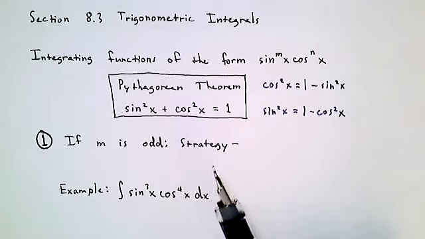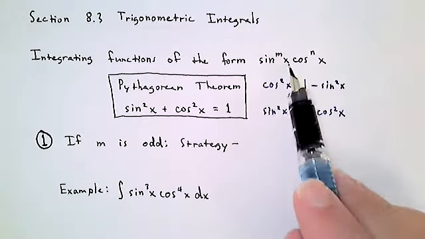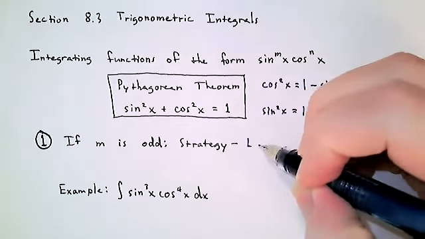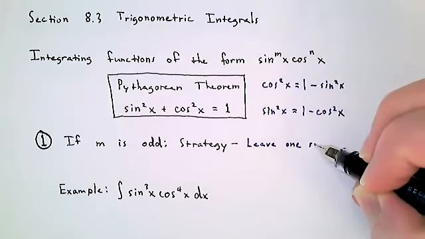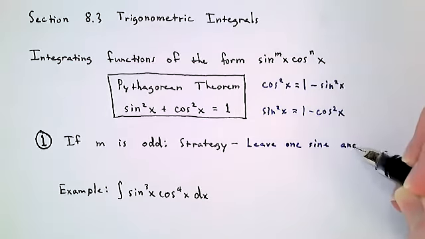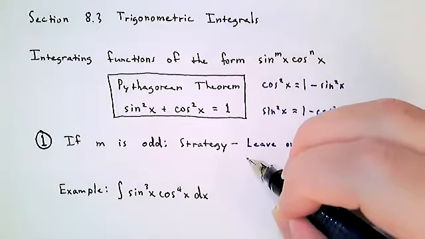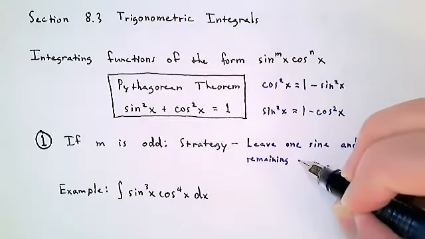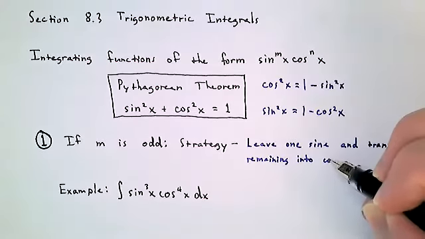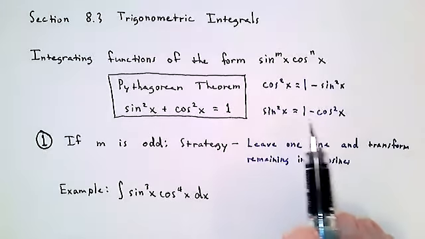And our strategy here is going to be to leave one of the sines and transform the rest into cosines, using, in this case, the second form.